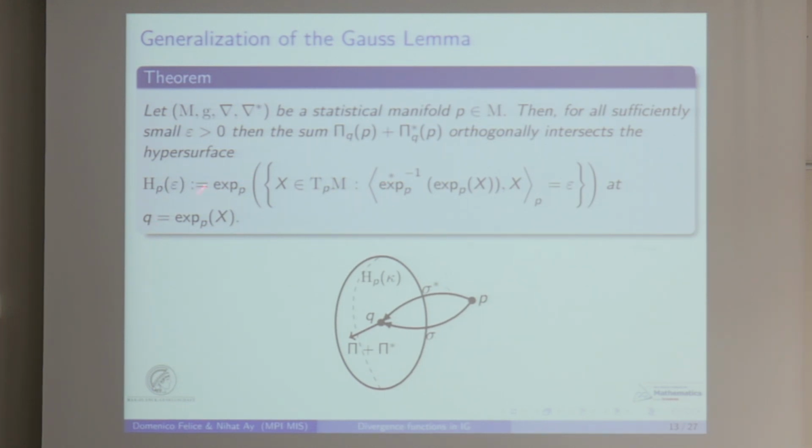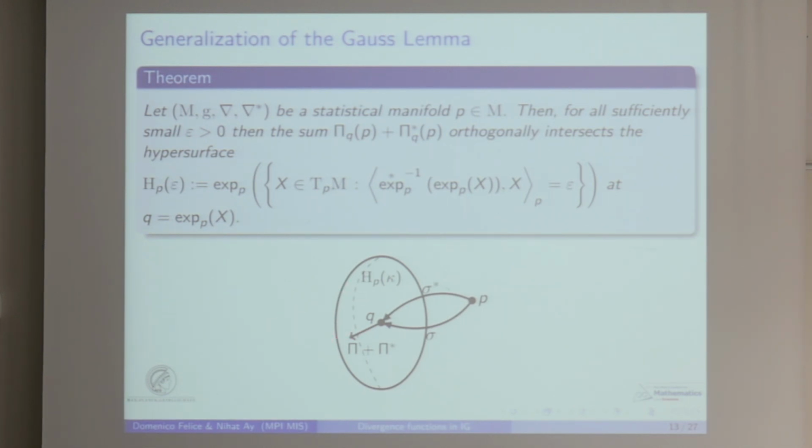Consider this hypersurface where we modified the norm a bit: for each tangent vector x, you take the nabla exponential map of x, and you go back via the nabla star exponential map. If epsilon is sufficiently small, you get that pi plus pi star is orthogonal to this hypersurface.